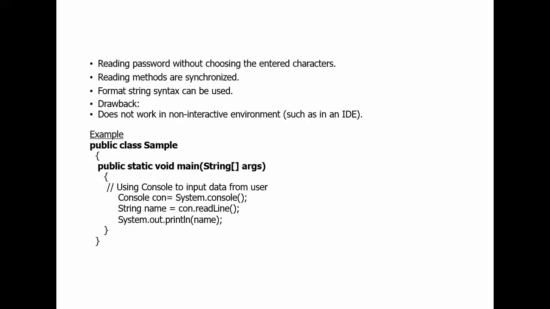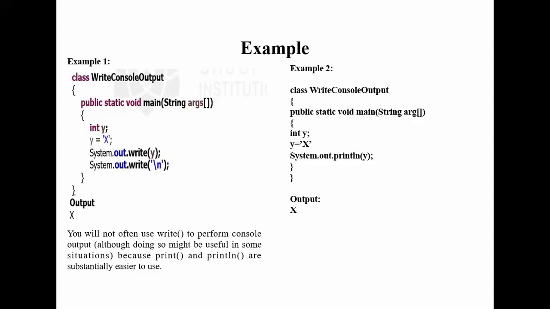The console is used to write contents to the output screen. For example, I consider a variable int y, and if I assign a character to it and want to write it to the console, I use System.out.write of y. If I write System.out.write of a slash n, the output will be printed like that.